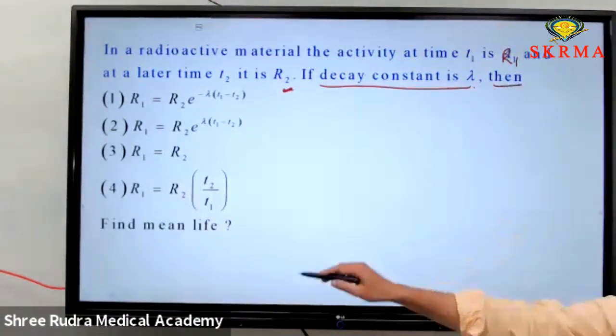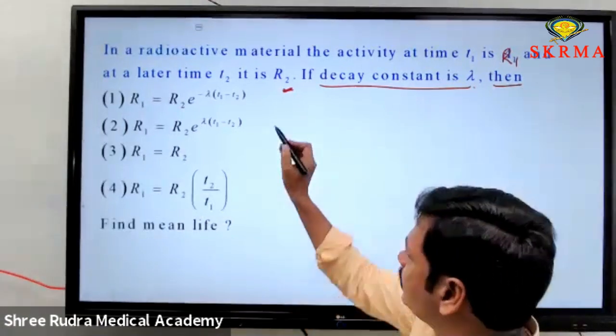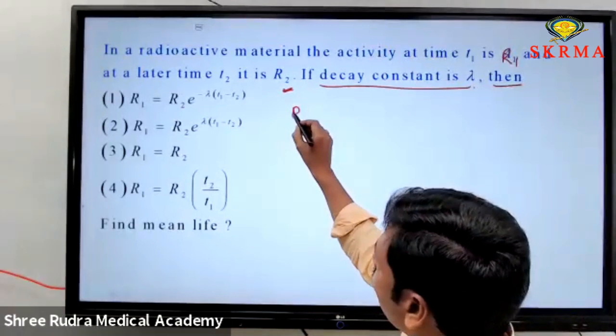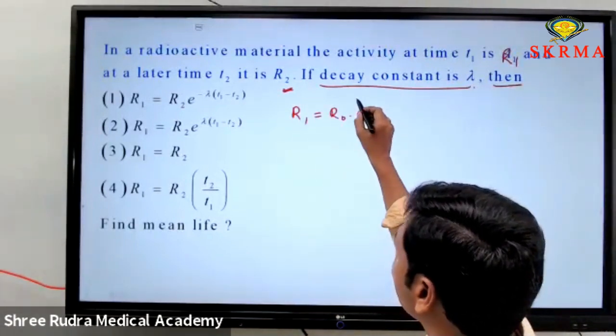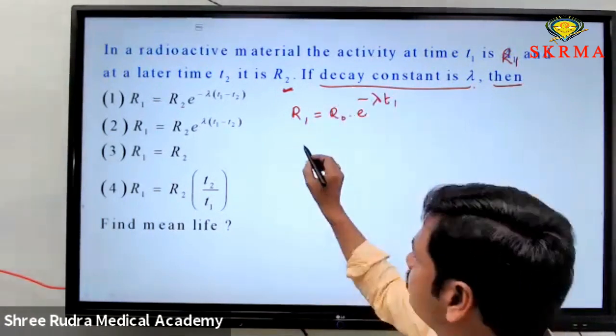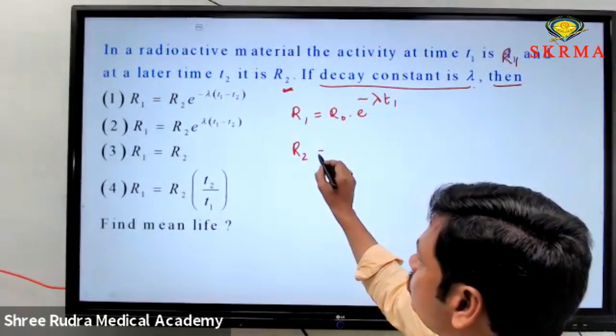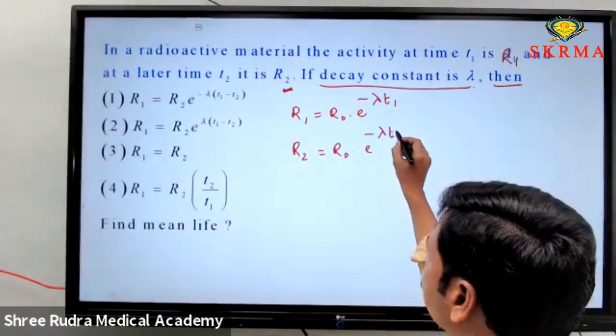Which relation holds? Generally, the activity equation we derive is R1 equals R0 into e power minus lambda T1, where at T1 the activity is R1. And R2 equals R0 into e power minus lambda T2.